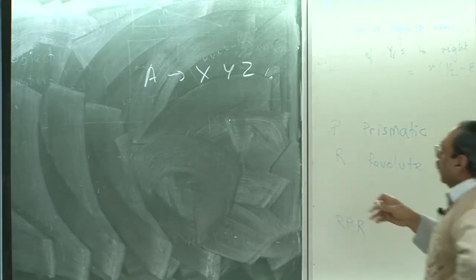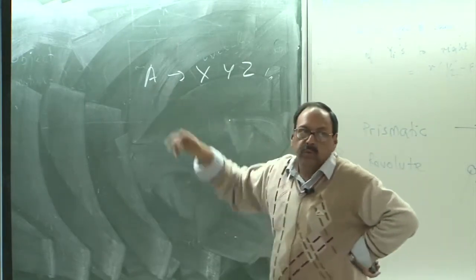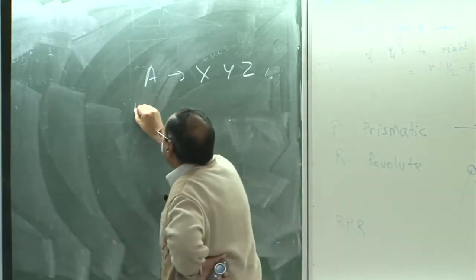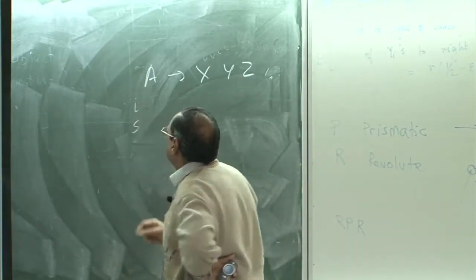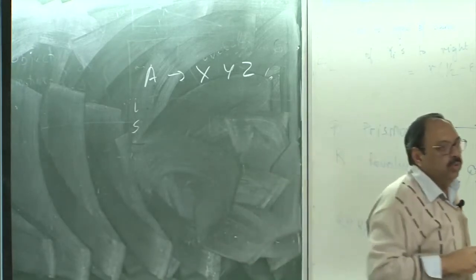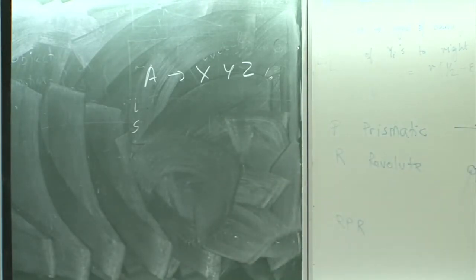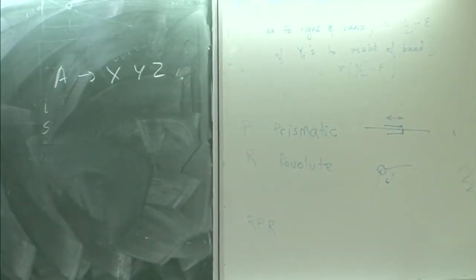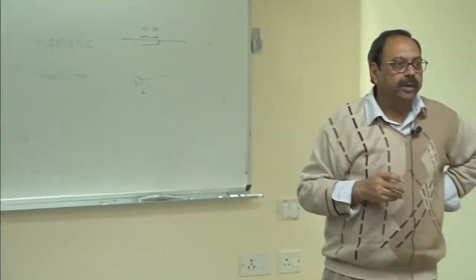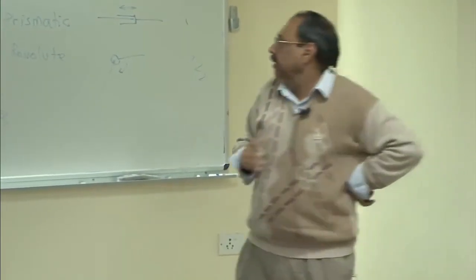Now, if I look at A, what kind of attributes can A have? What is inherited attribute of A and what is synthesized attribute of A? What is inherited attribute of A? It cannot be defined. It is a start symbol, it has no left sibling, it has no parent, right. So, this is undef.